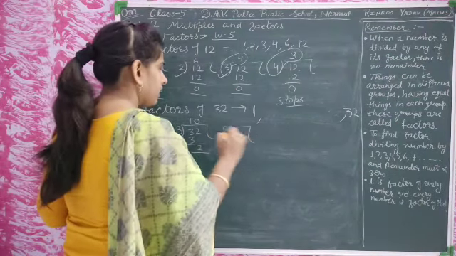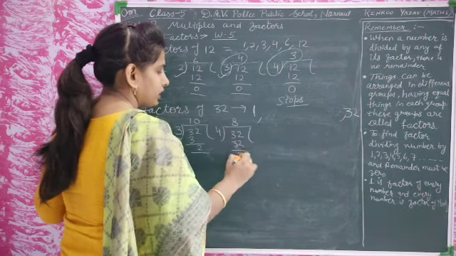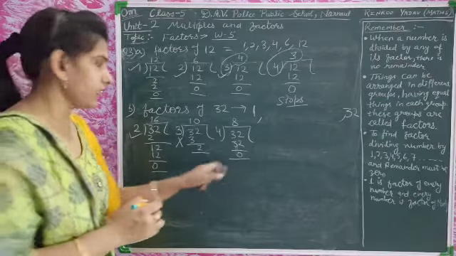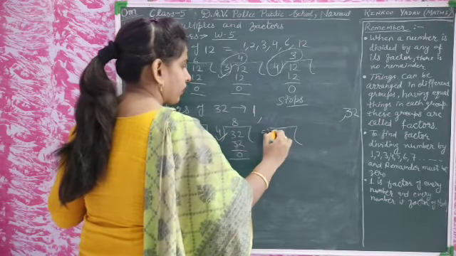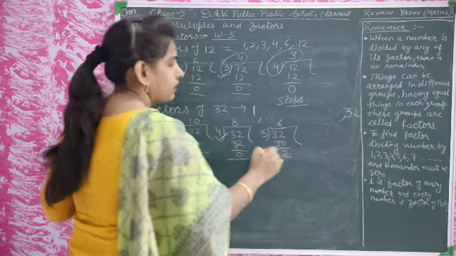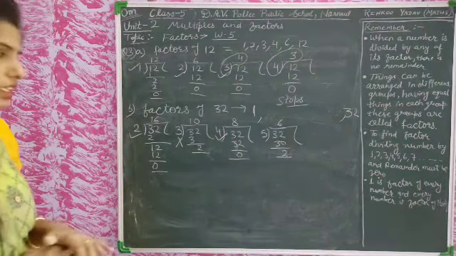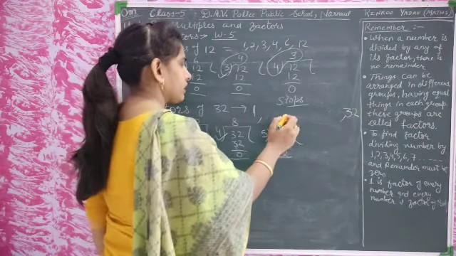Now we will check the number 4. 4 eights are 32. The remainder is 0 here. This is a factor. Now we will check by dividing by 5. 5 sixes are 30 and the remainder is 2 here. So it is not a factor of this number.